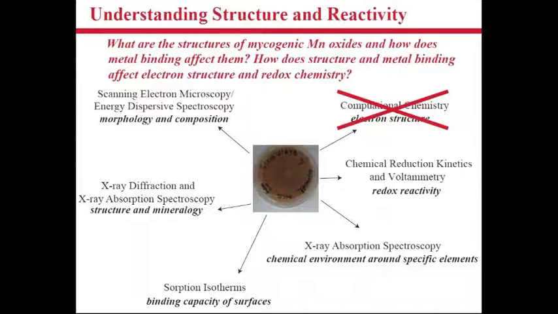We want to really understand the structure of the mineral. We want to understand how it binds metals, so absorption isotherms, to understand the binding capacity of these minerals. And then we also want to understand how they might interact with organics. So we can do some actual experiments with organics, but we'd like to generalize that a little more. So we're also going to do electrochemistry.